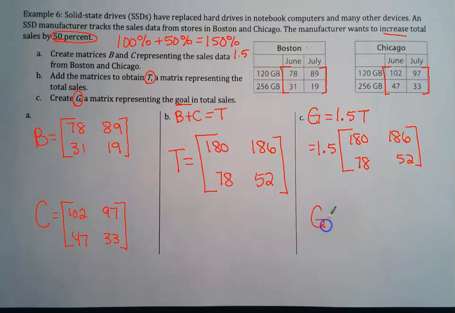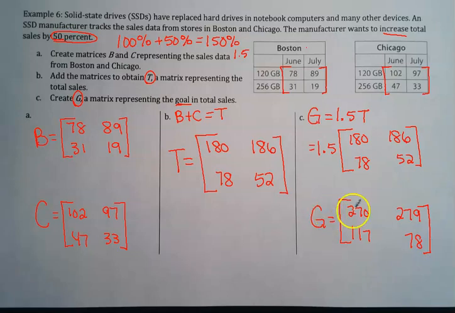So G is going to equal 1.5 times 180, which is 270. 1.5 times 186, which is 279. 1.5 times 78, which is 117. And 1.5 times 52, which is 78. Okay, and there you have your goal matrix.